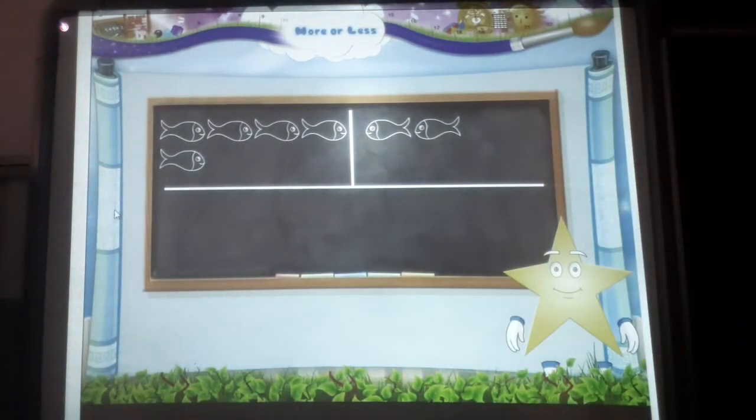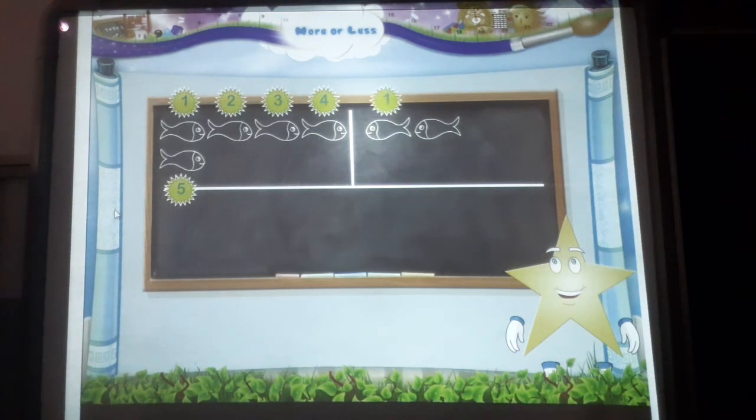Starry, there is another way to find out the difference between more and less. Look at this board. On this side, there are 1, 2, 3, 4, 5 fish. On the other side, there are 1, 2 fish.